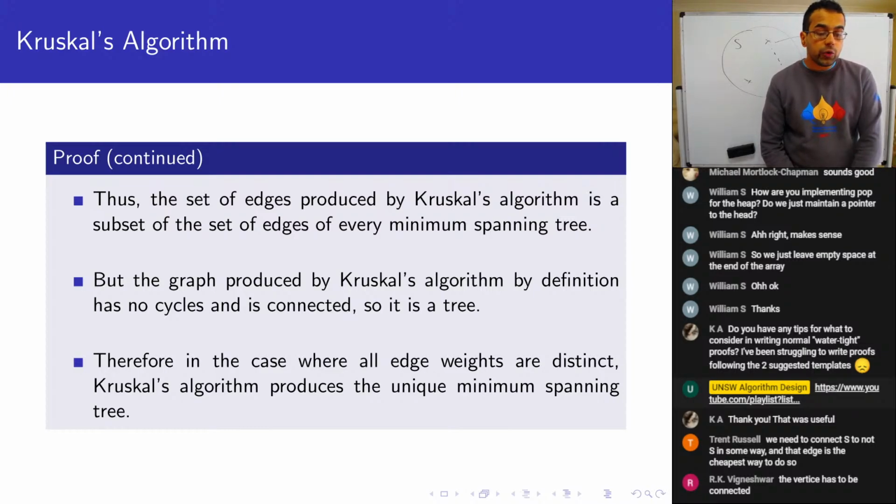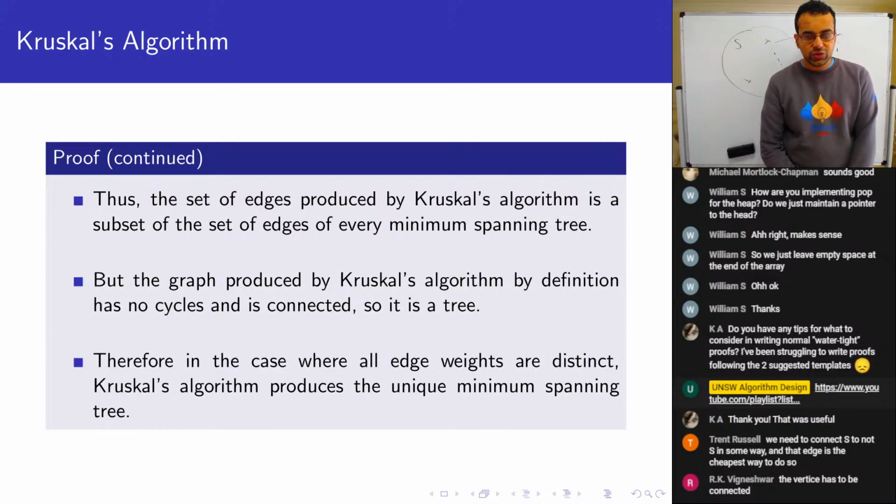What we're going to be more interested in is how do you actually implement this? We've said sort the edges by increasing order of weight. That's easy. That's a thing that we can do. Sorting is a solved problem. But we've also said consider for each edge whether you can add it or not. You add it only if it doesn't create a cycle, and that's not so straightforward, right?